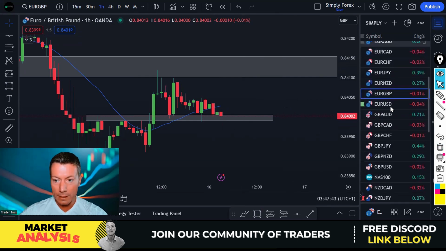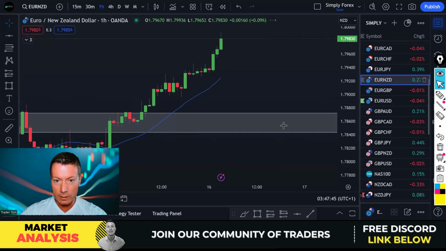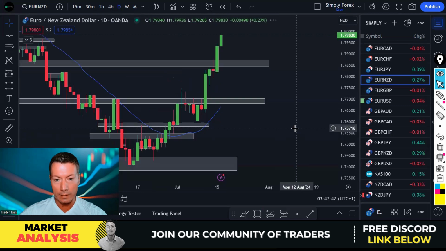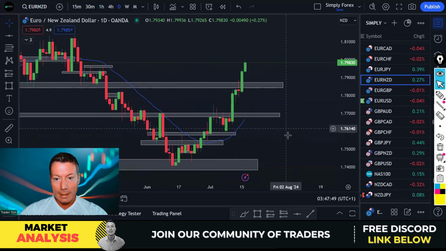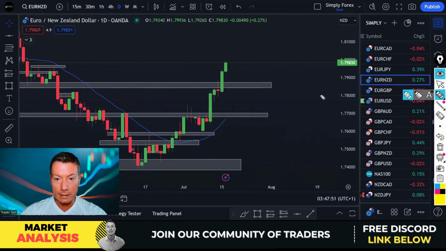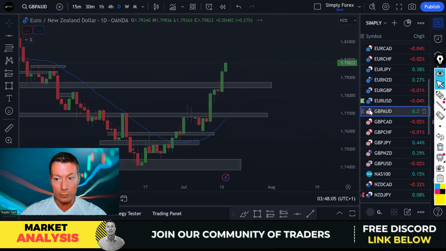I'm also looking at a couple more things, so I won't go into detail, but euro New Zealand dollar. The problem with these trades is that they're so overbought, look at the moving average 20. But I still think if we can get a retrace to go higher, euro New Zealand dollar is a good buy opportunity. And it's the same story with pound Aussie dollar.